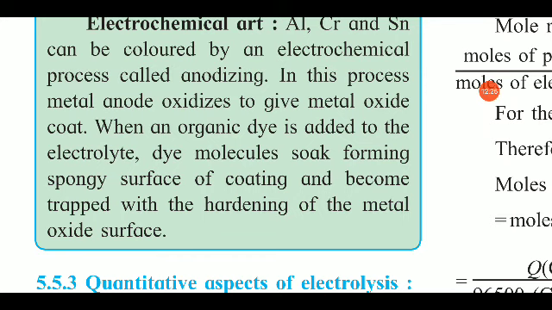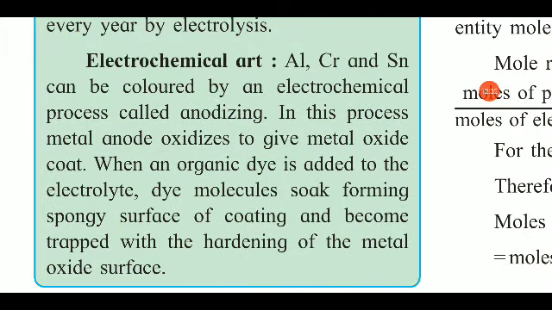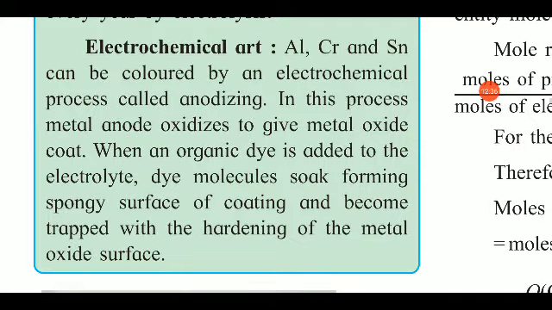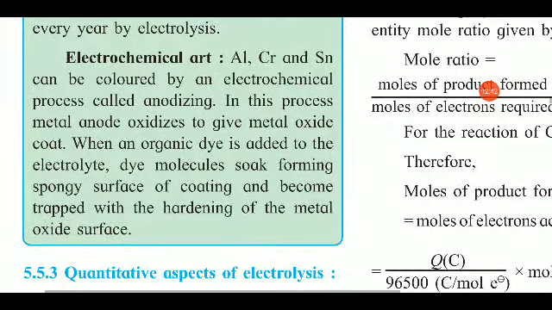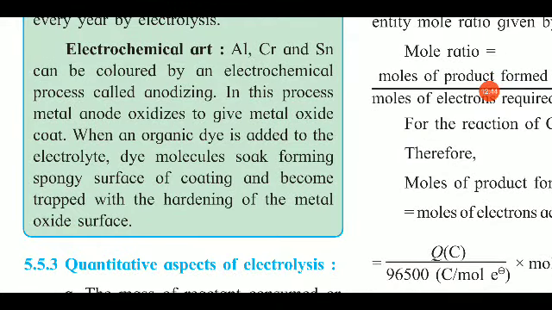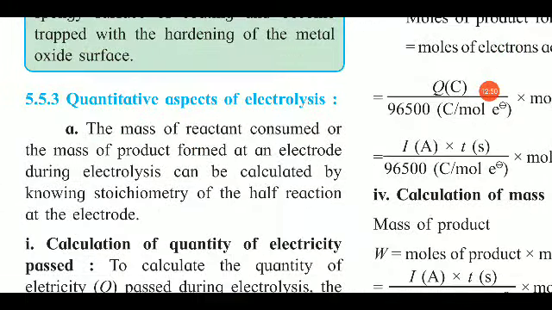Now students, the electrolyte plays an important role, and electrochemical processes can be used in different applications. If you want detailed knowledge, just search for applications of electrolysis. You will get a lot of knowledge from Google.